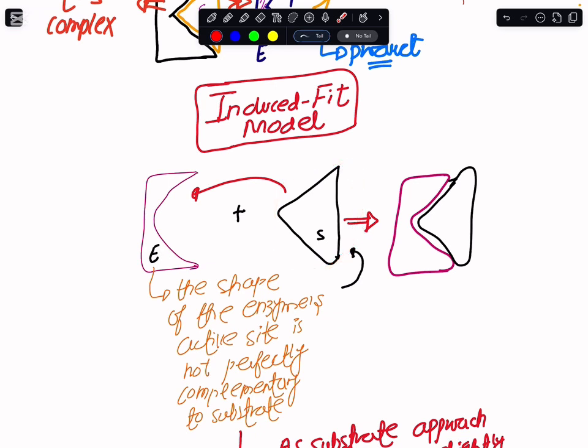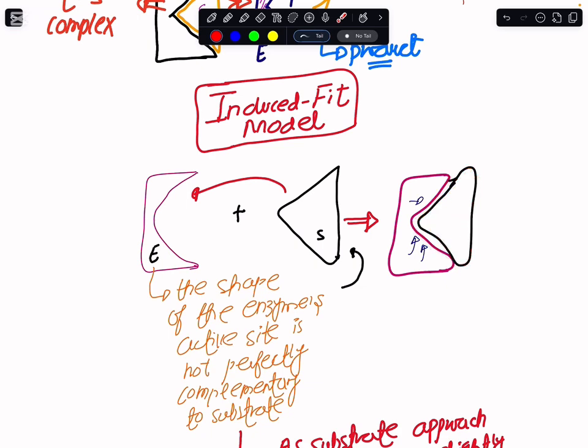But as a substrate comes and collides with the enzyme's active site, the enzyme is going to slightly mold the shape of its active site so that it can tightly bind the substrate molecule.